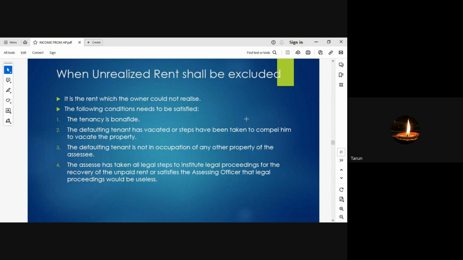So these are the particular categories. Just remember, in very simple terms, if you find any defaulting tenant, whether the rent is received or not, such defaulting tenant will not be included under unrealized rent.